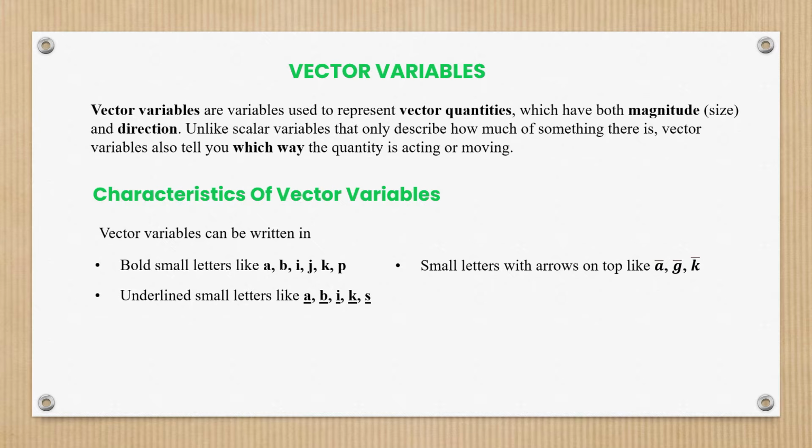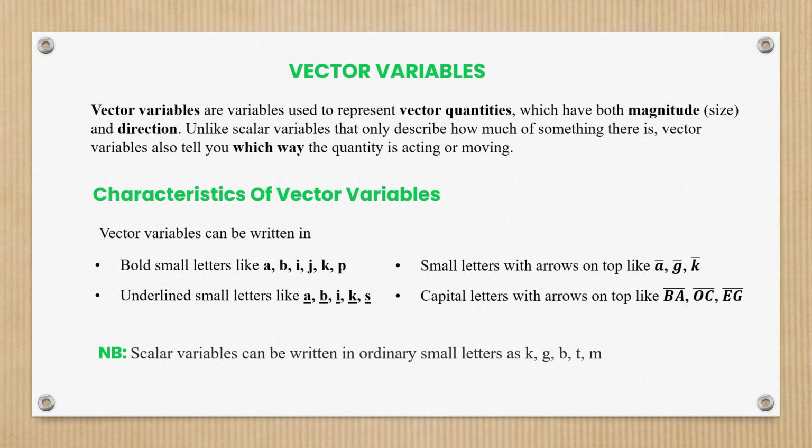Then we can have them with arrows on top, as you can see right there. Then there is another way we can also have them as capital letters with arrows on top like BA, or CE, G. Now, scalar variables can be written in ordinary small letters as k, g, b, t, m. So I just want you to have a basic understanding.